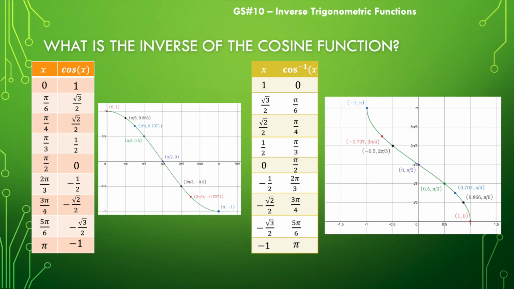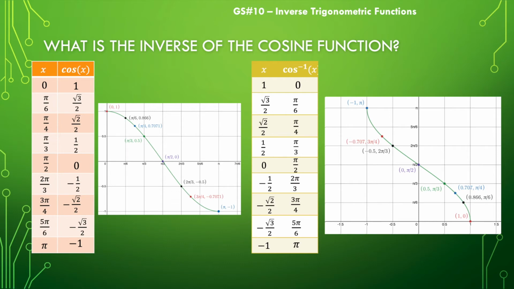Similar to before, our function for our restricted domain of y equals cosine x is strictly decreasing, and our graph for y equals the cosine inverse of x is also strictly decreasing, but we see that the curvature of the graph is a little bit different. The concavity, as we describe it, is a little bit different.